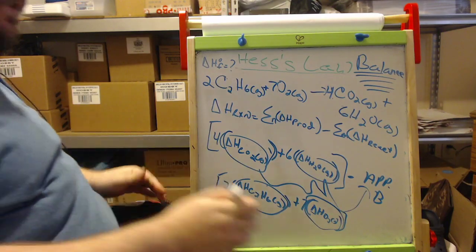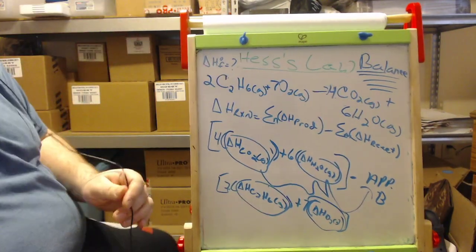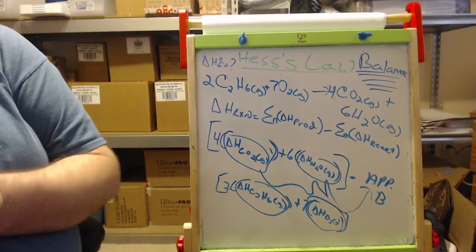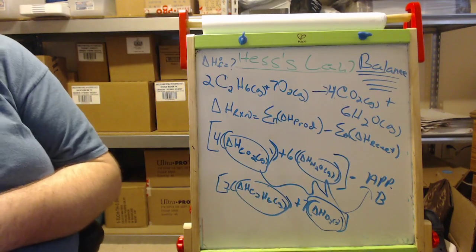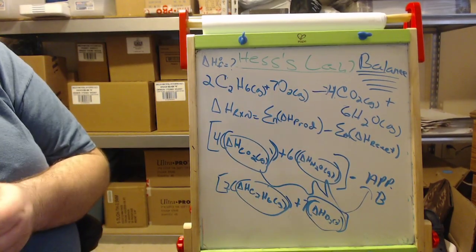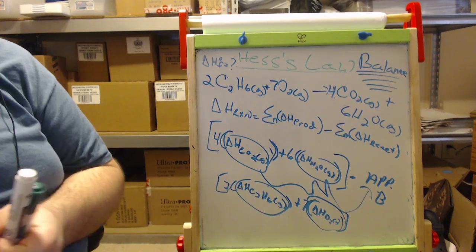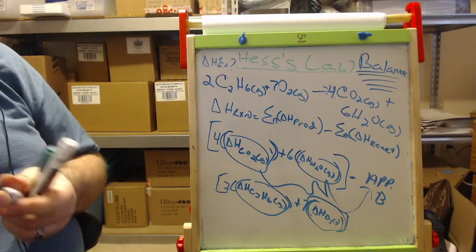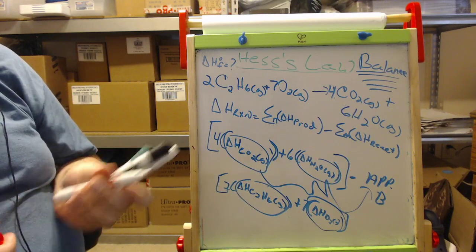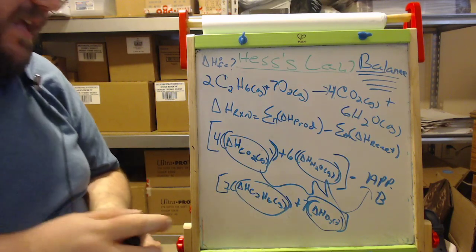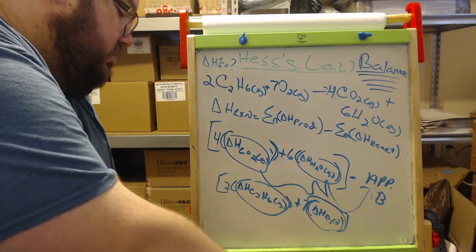If you look at Appendix B in the back of your book, there is a whole list of delta H's for specific compounds. The thing is, number 1, balance your equation. Number 2, states of matter matter. Okay?